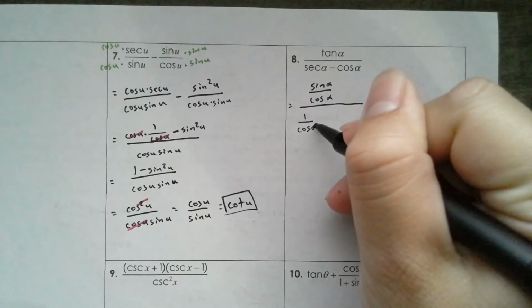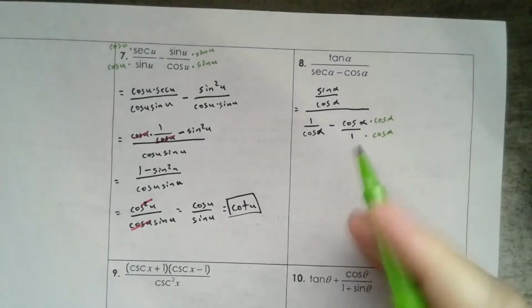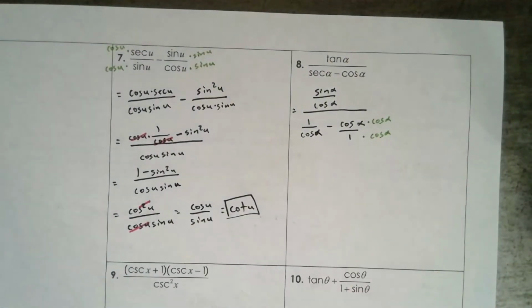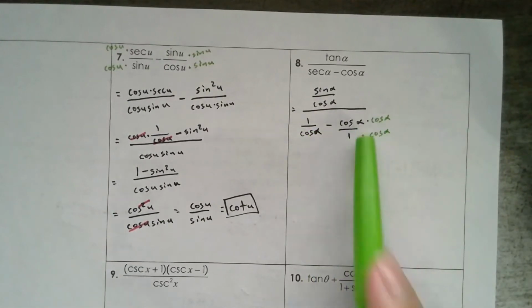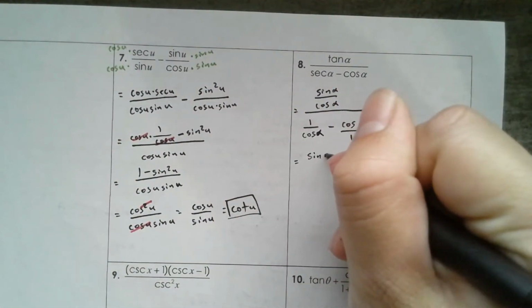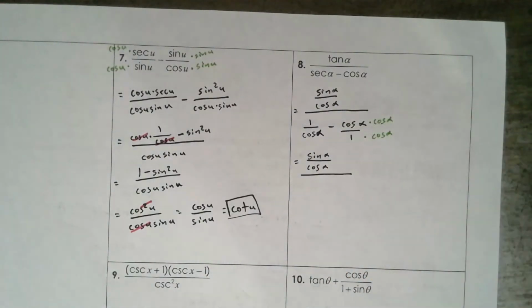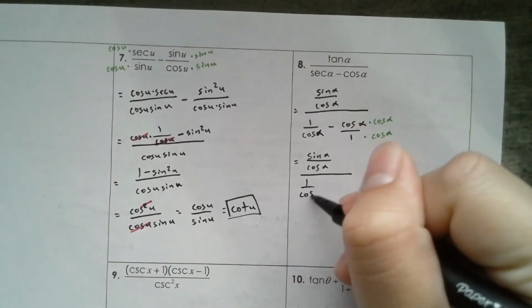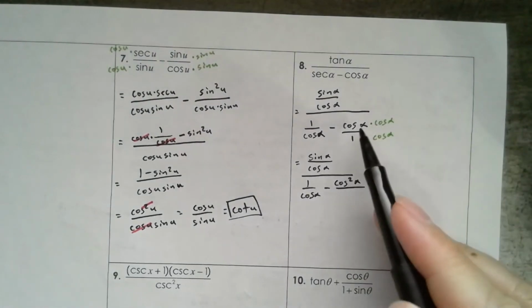For the bottom, I'm going to have to multiply by cosine alpha so that I can combine these two fractions. I need like denominators, and only the second term needs it, because the first one already has cosine alpha. This will mean I have sine alpha over cosine alpha, all over 1 over cosine alpha minus cosine squared alpha, because these two cosines are multiplied, over cosine alpha.